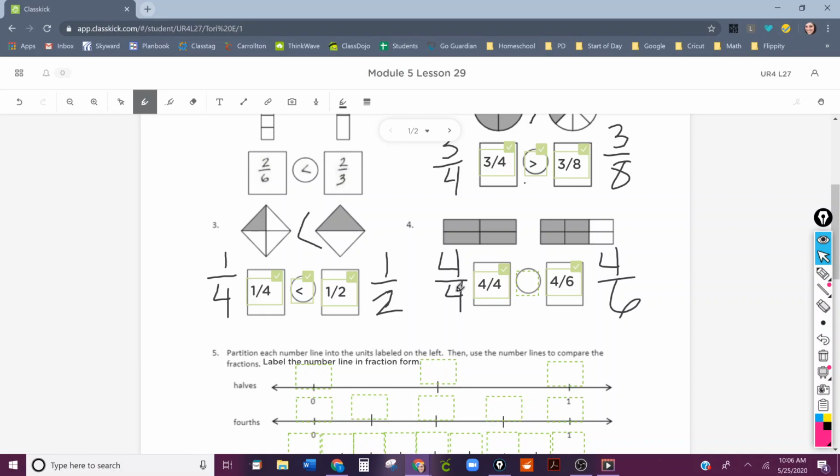Smaller means a bigger fraction, so we know that the shape on the left is greater than, and you can also tell the whole shape is shaded, so obviously it has more shaded than this one on the right. So we're going to put a greater than symbol. 4/4 is greater than 4/6.